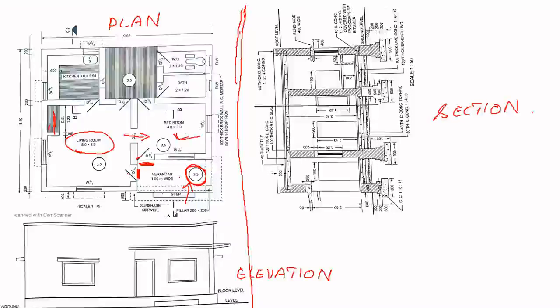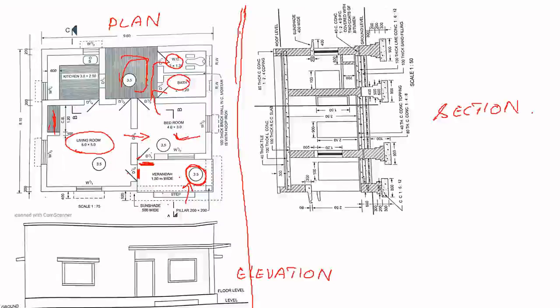Now, from the bedroom, you have access to your bath and this is water closet. You have access to your bath as well as to your water closet. And this is your circulation area. You can use it as a storeroom, as lobby, as washroom, etc.